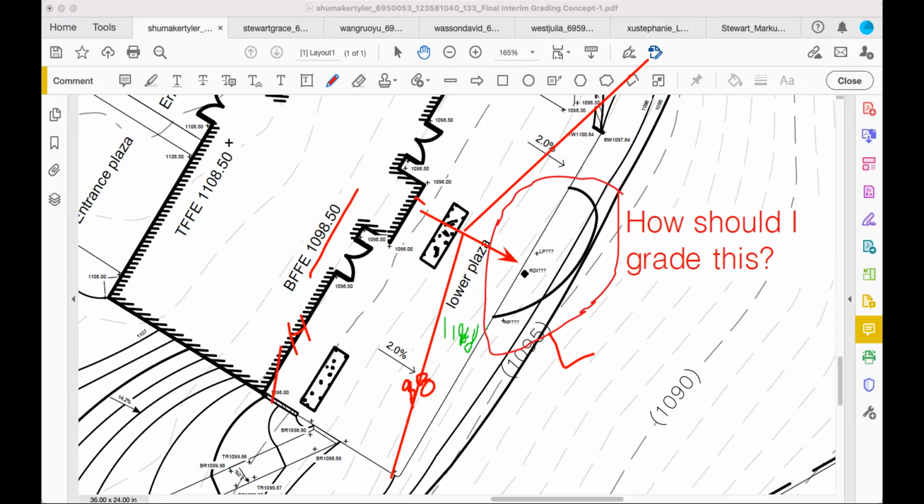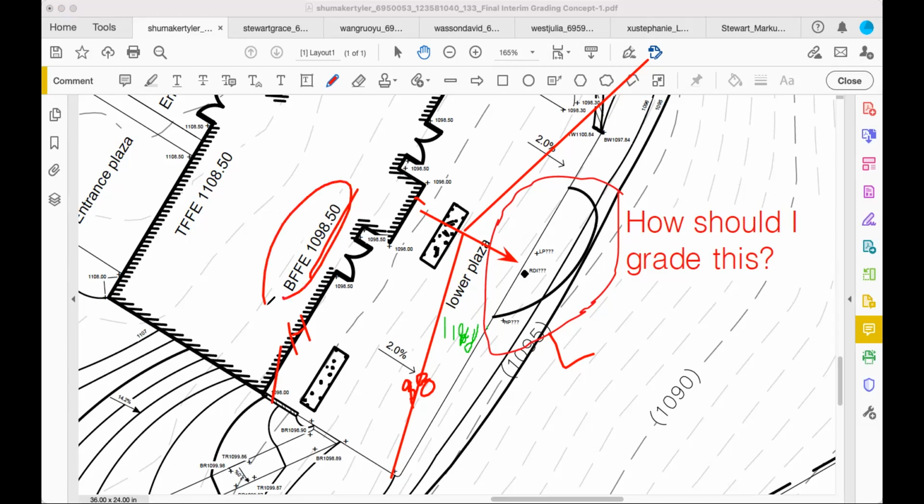So you might not have a 98 in the corner, but you might. How is that calculated? I think I have a contour over here that's a 198. So what happens to that one? The 198 that I have right now stops at one of these walls or something. Well, you wouldn't have a step out.